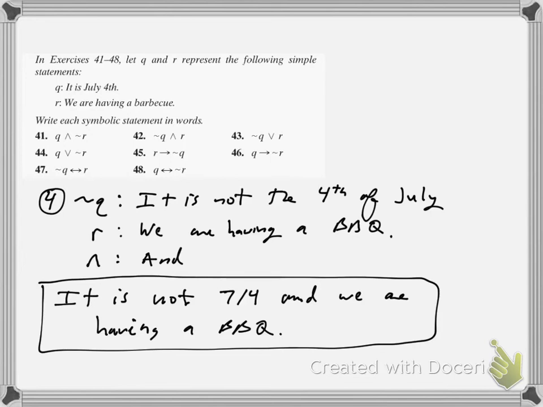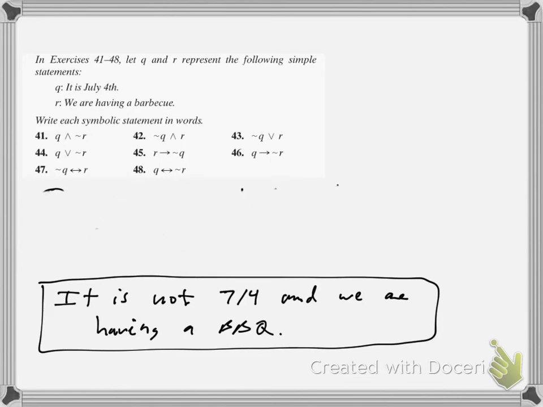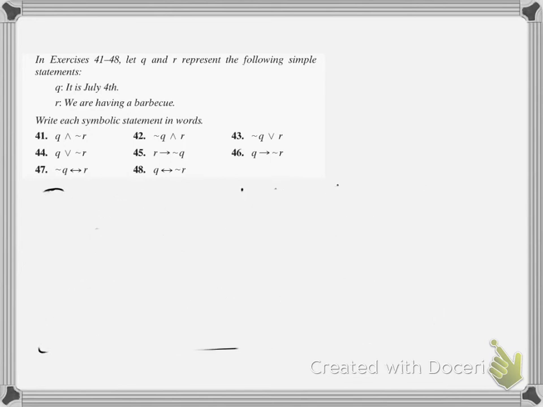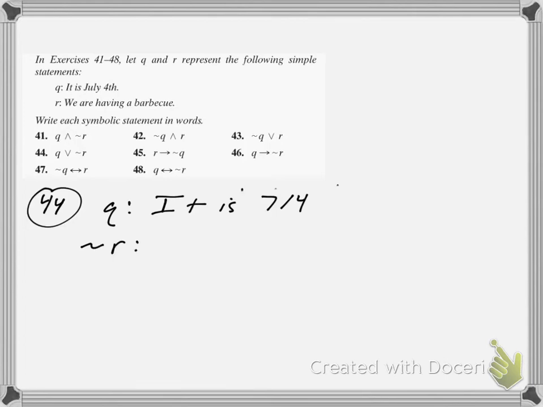Let's erase this, and let's do number 44. Practice some of these. Number 44. Okay, Q or not R. Okay, so let's map this out. What's Q? Well, Q is, it is July 4th. That's Q, right? Not R would be, we are not having a BBQ.